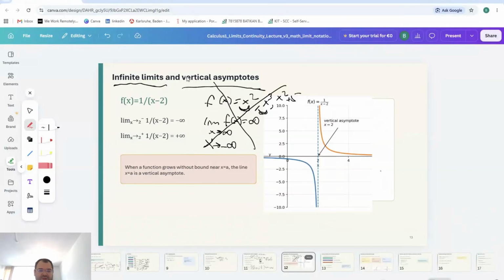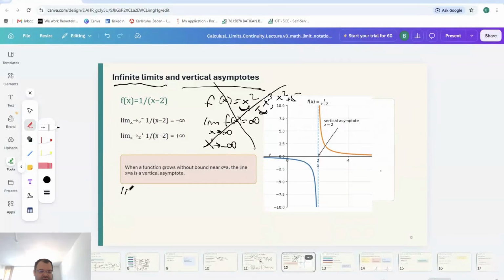We can talk about vertical asymptotes only when the function's y value goes to infinity or minus infinity when x values are getting closer and closer to a certain constant. For example, we have the constant 2 here. Two is a special case, and it is our vertical asymptote.